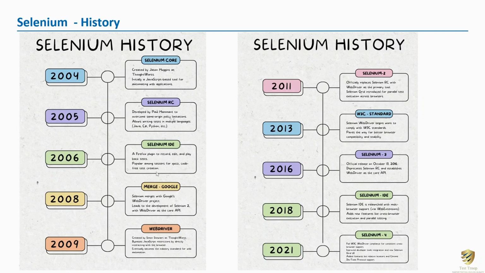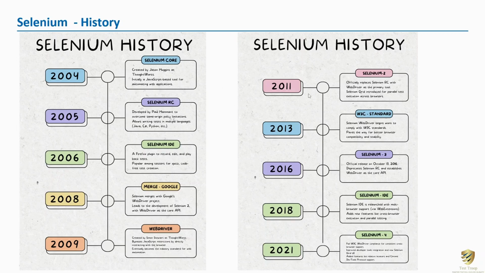Up to now, they were using Selenium RC as an interface which needed an intermediate server to communicate with the real browser. Now they removed that restriction, and now your scripts can directly communicate with the end browsers. Eventually it became the industry standard for web automation.